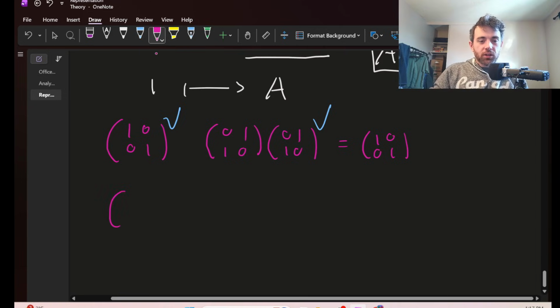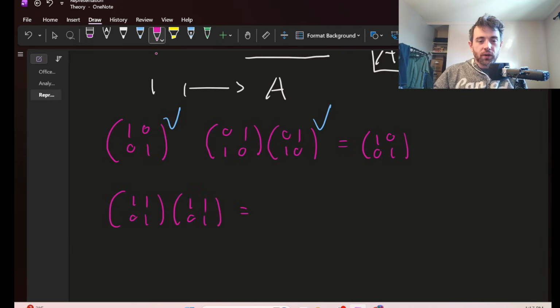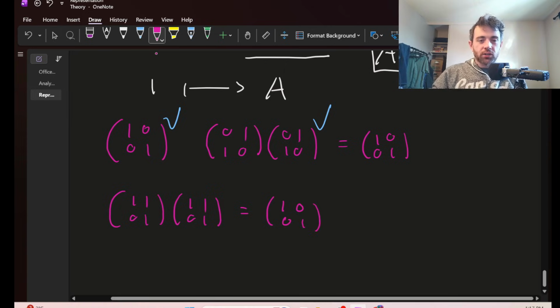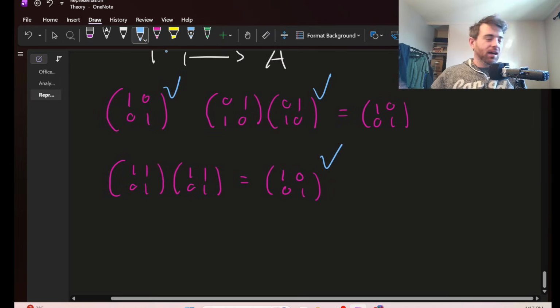Similarly, we can go through and fill in the rest of the matrices and see, will this always work? So we could check this matrix as well, see what happens when we square it. So we get, let's see, 1. This will be 1 plus 1, which is 0. This will be 0. This will be 1. Okay, so that works. And so on and so forth, right?